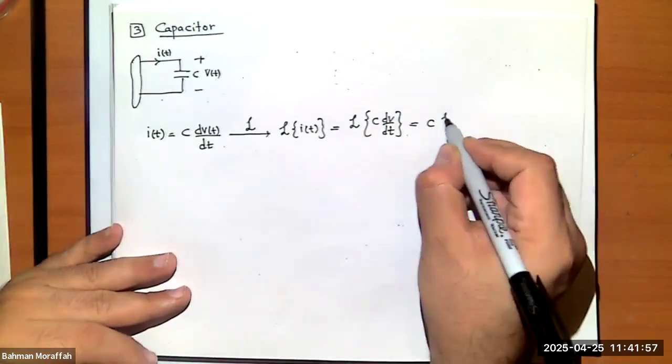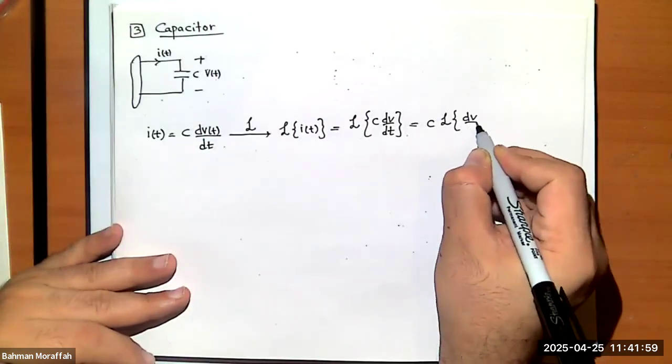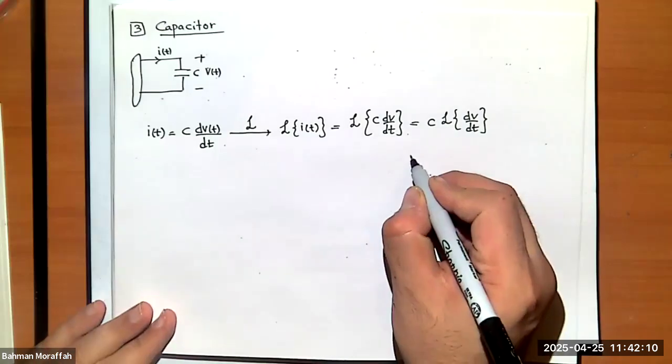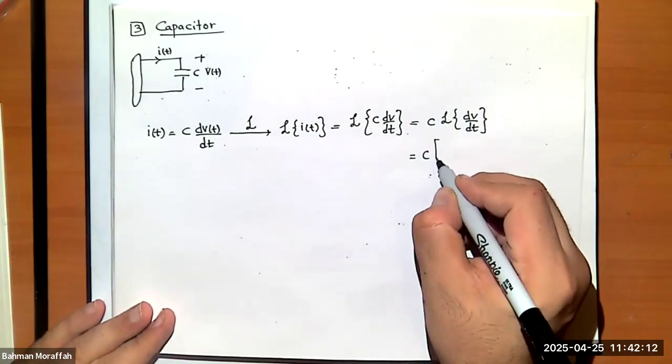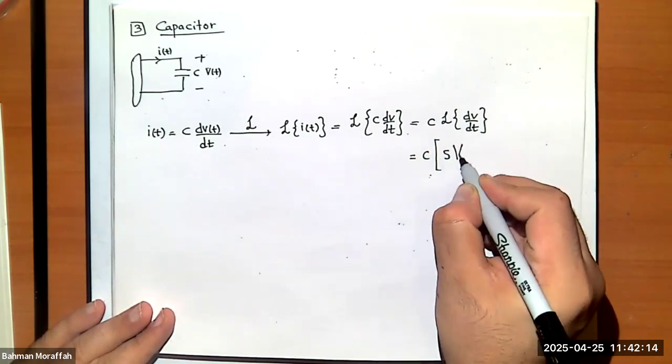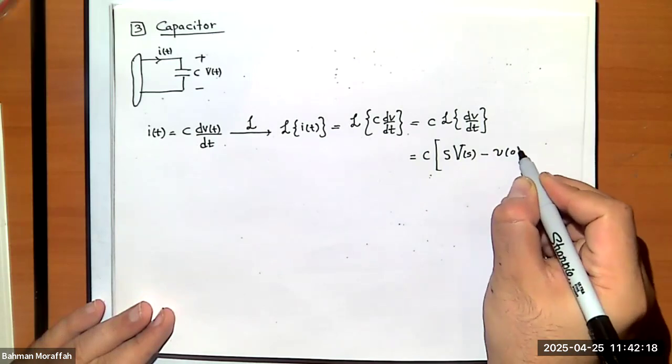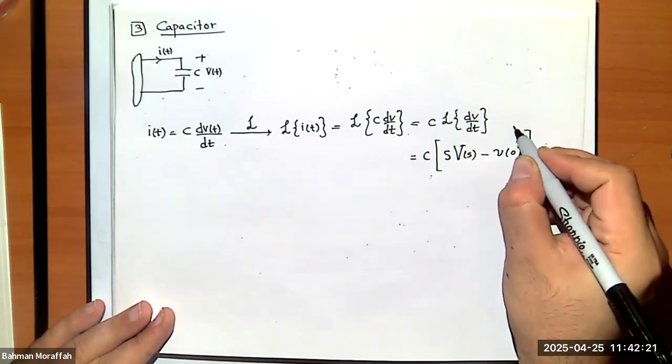So I have C times the Laplace transform of dv/dt. Again, I have a derivative, so I'm going to use the derivative formula for the Laplace transform. So that is C times s V(s) plus 0. I gotta remember this is the time domain.